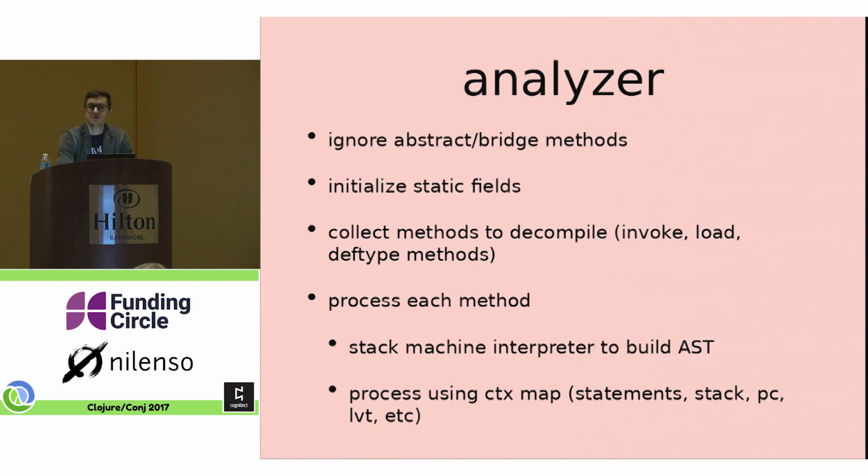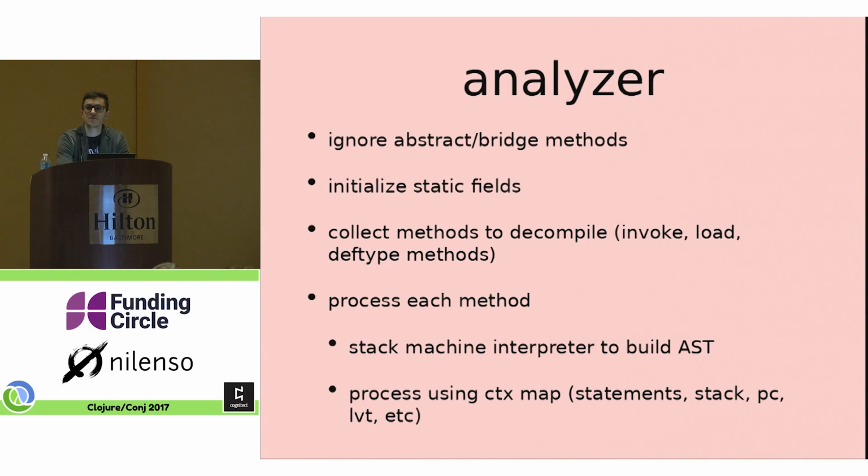After this dispatch, the analyzer does some analysis over the methods, and it needs to ignore methods that we don't care about, that are just emitted for JVM running purposes, such as abstract methods or bridge methods. We then initialize static fields by parsing the static initializer. And then we collect all the useful methods to decompile.